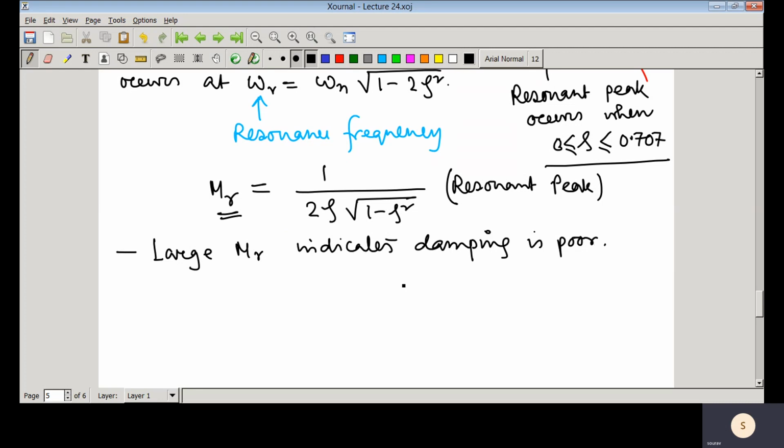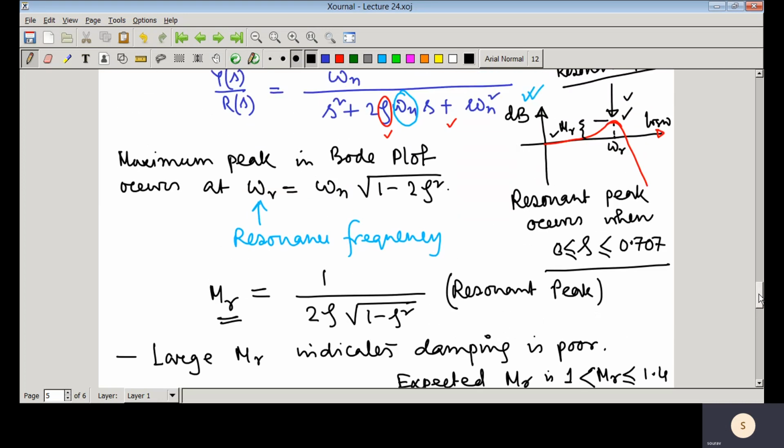So the expected MR, whenever we will be designing a closed loop system, should be less than or equal to 1.4 to 1, so that is greater than 1. And we can see here that this peak would not appear if the zeta value is greater than 0.707.